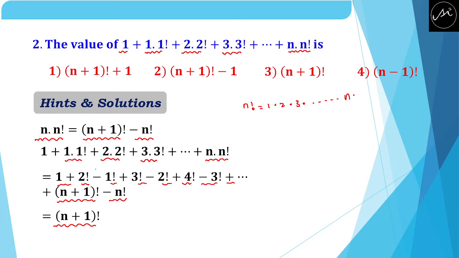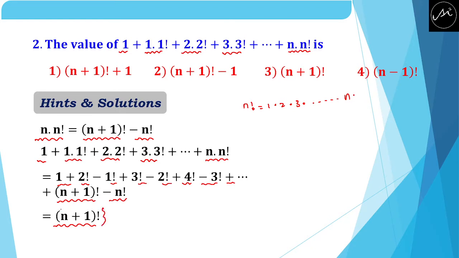In the same way, n plus 1 factorial minus n factorial means you can write 1 plus 1 into 1 factorial plus 2 into 2 factorial plus 3 into 3 factorial plus so on to n into n factorial. That is going to be 1 plus 2 factorial minus 1 factorial plus 3 factorial minus 2 factorial plus 4 factorial minus 3 factorial plus so on to n plus 1 factorial minus n factorial.